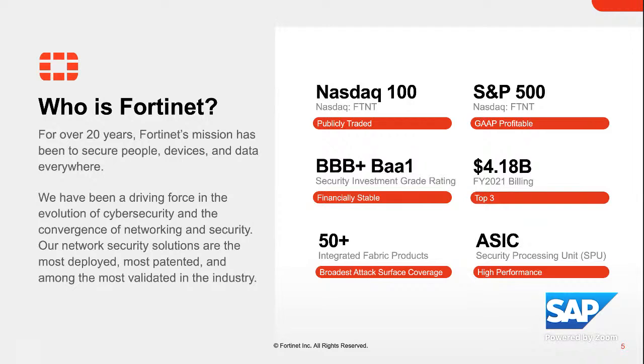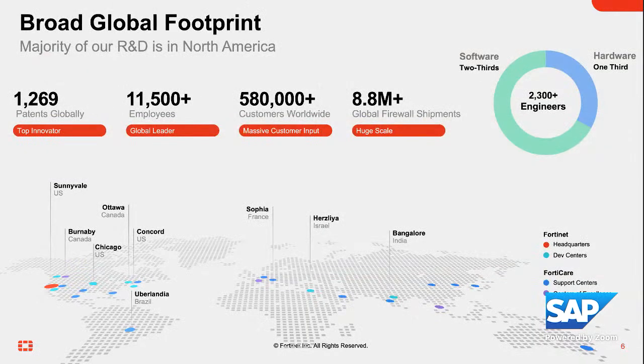I simply mention that they are part of an integrated fabric, and you will hear a little bit about that in just a second. Our company is headquartered in the US, specifically in Sunnyvale, very close to Apple's headquarters, actually. I believe by now we already have more than 12,000 employees. We have a whole lot of customers worldwide, almost the same amount as SAP actually.